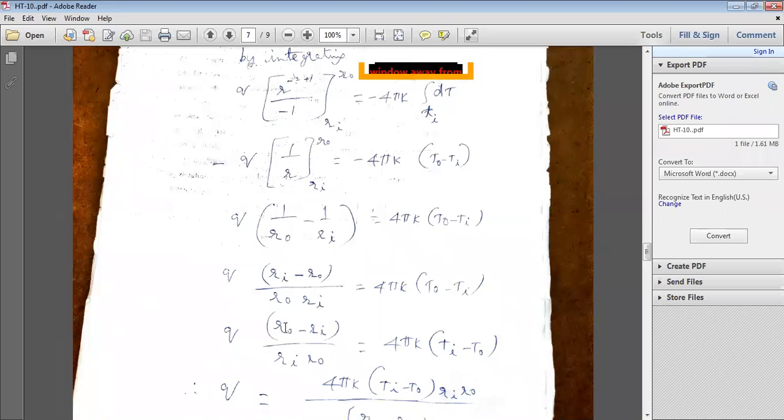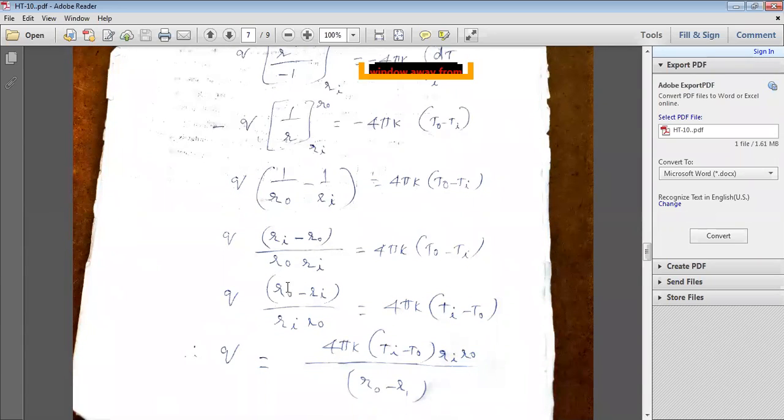Generally Ro is greater than Ri, so I am changing from Ri minus Ro to Ro minus Ri; Q into (Ro minus Ri) divided by (Ri into Ro) is equal to 4 pi K. Here the minus we are taking out, so the minus on the other side can also be taken out, and instead of To minus Ti it becomes Ti minus To.